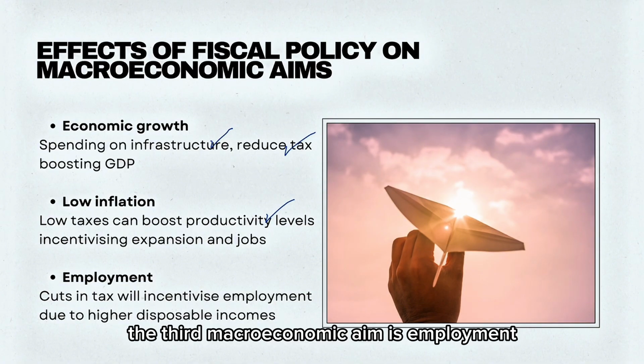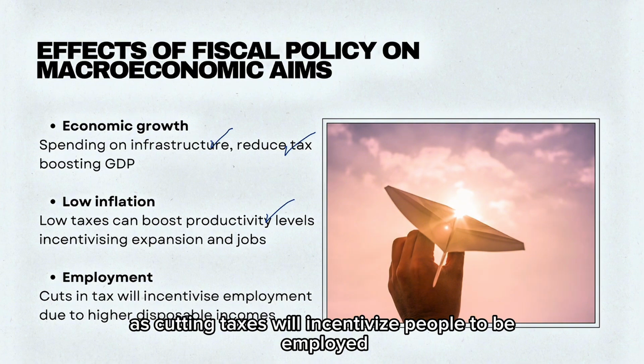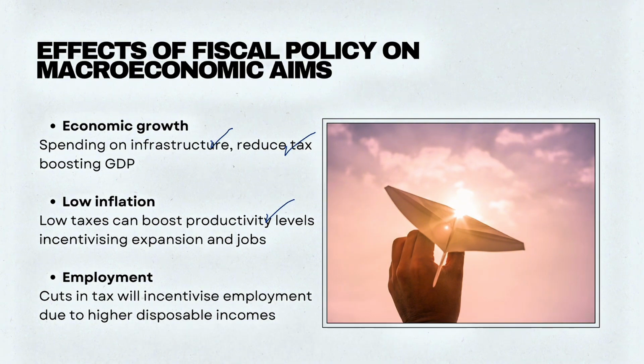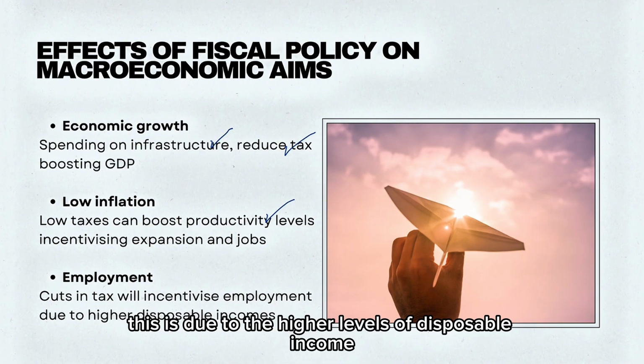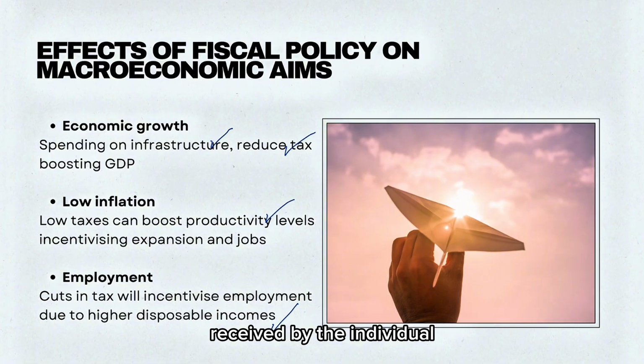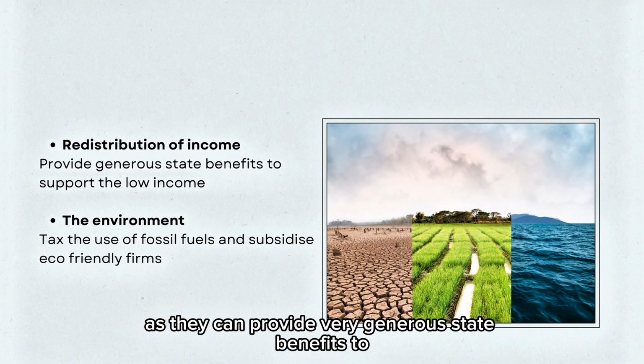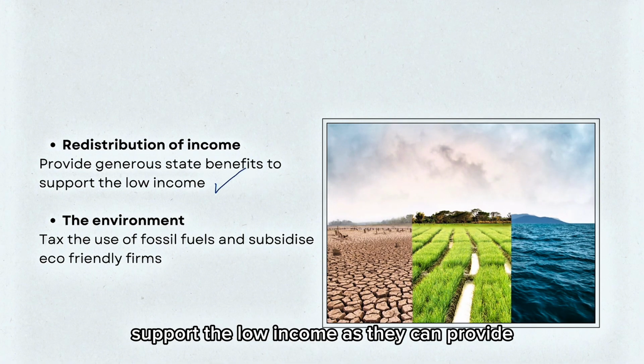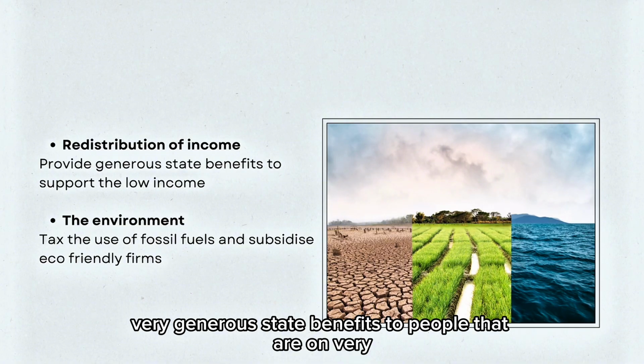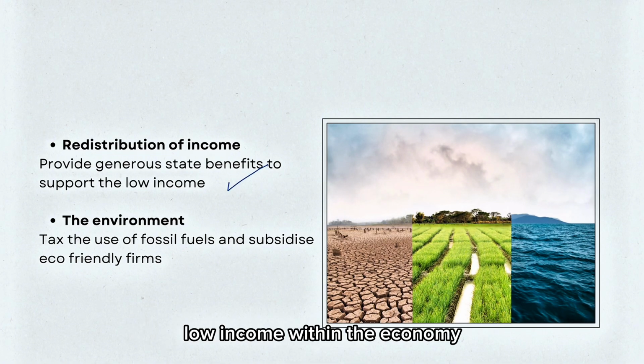The third macroeconomic aim is employment, as cutting taxes will incentivize people to be employed. This is due to the higher levels of disposable income received by the individual. Governments can also redistribute income using fiscal policy, as they can provide very generous state benefits to people that are on very low income within the economy.